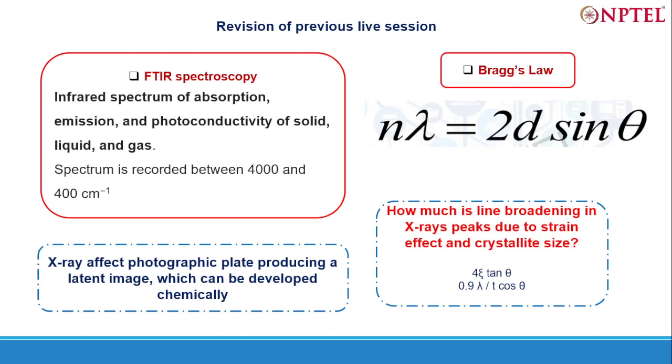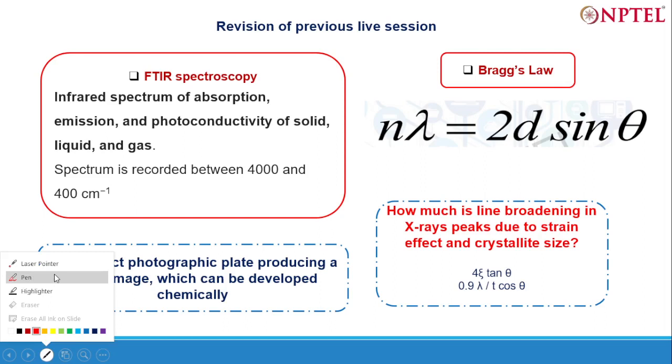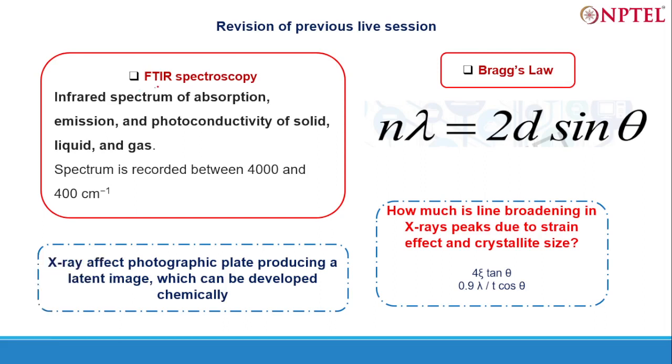The most important, or very frequently utilized, is FTIR. So what is FTIR spectroscopy? The name itself contains Fourier transform of infrared. IR here is infrared.